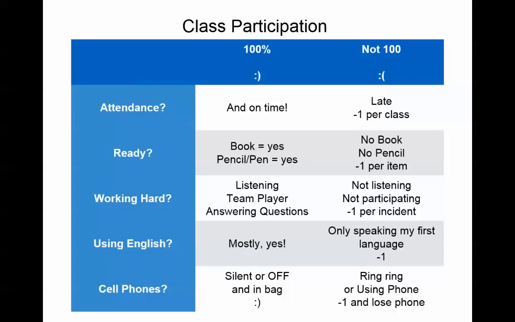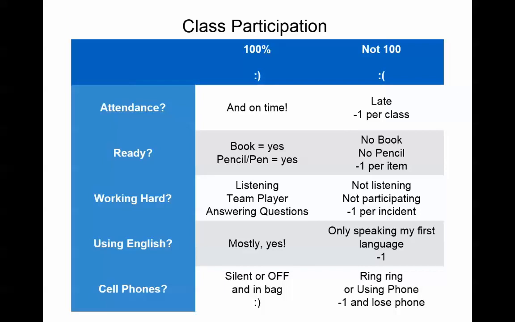And the way I do this is I give every student 100% at the beginning of the semester, but if they are late to class, they'll get -1. If they're not ready, they didn't bring their book, they didn't bring their pencil, they didn't bring paper, then they're going to get -1 for each thing that they forgot to bring. If they're not working hard, again, that's going to be the same. Okay, so that's a basic overview of the attendance and class participation.